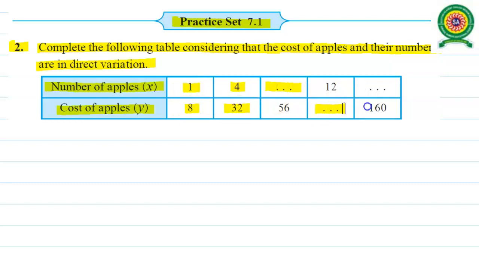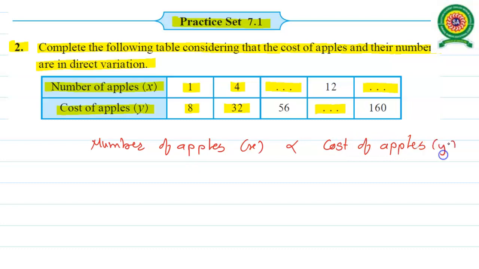We have to fill in the blanks. Now be careful, we have given the number of apples, that is X, is directly proportional to their cost, that means cost of apples, that is Y.